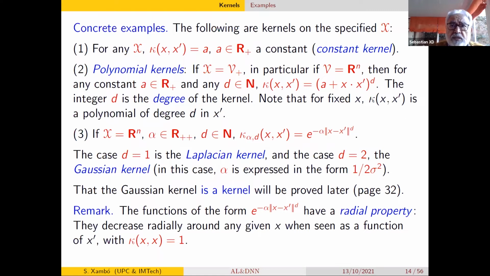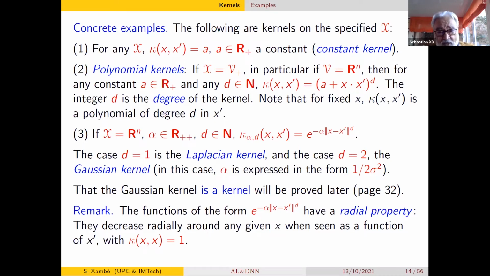Now let's look at some concrete examples. The following are kernels on the specified curly X. The first one, nobody tells you it's a kernel, but it is a kernel. If you set kappa of x, x prime equal to a non-negative constant, then this is clearly a kernel, and it can be called a constant kernel.